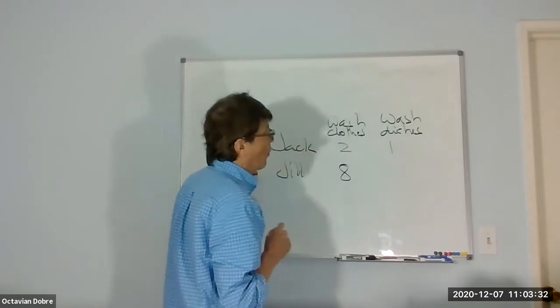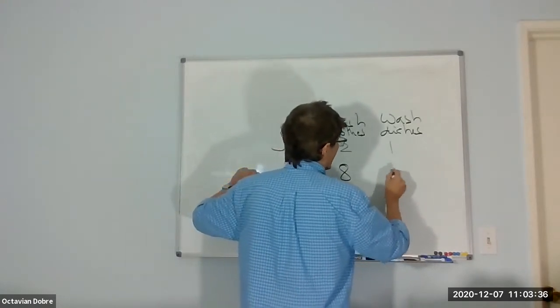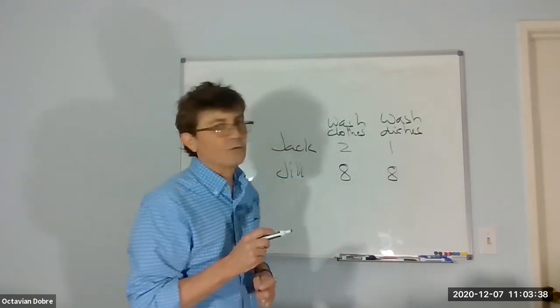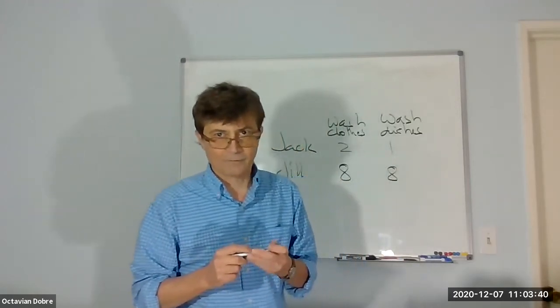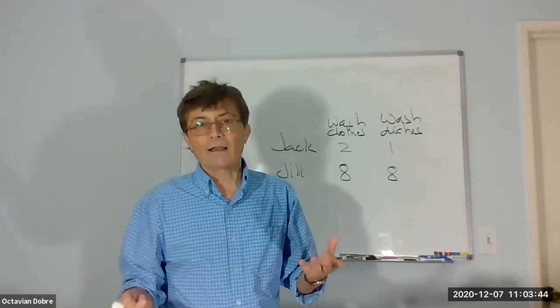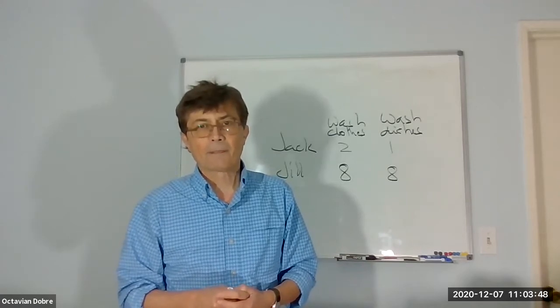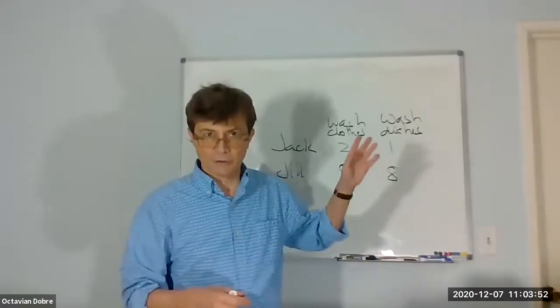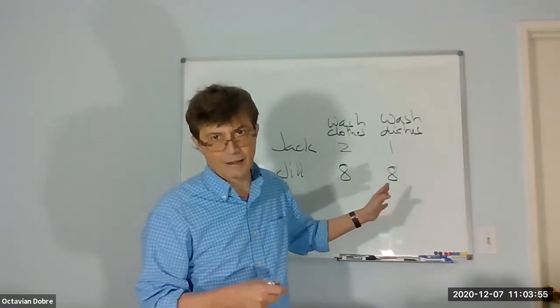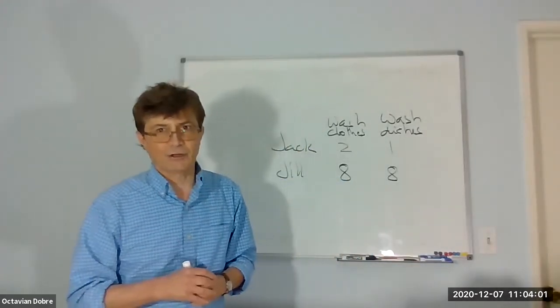Jack can do 1 load of dishes while Jill can do 8 loads of dishes in 1 hour. As far as absolute advantage, who's better? Jill. Jill is better at both doing clothes and dishes. However, between those two, where is Jill's advantage?